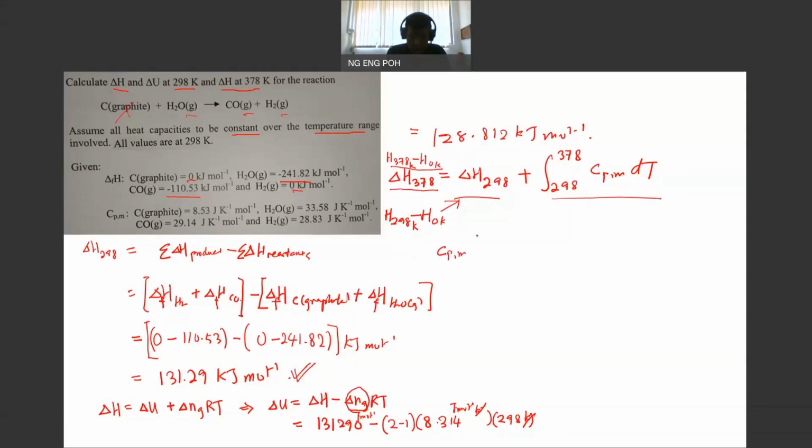We need to find out first the delta Cp for the reaction. So this is the summation of Cp products minus Cp reactants. Cp for the products is 29.14 plus 28.83, so this will be 57.97, minus 8.53 plus 33.58, so this will be 42.11.